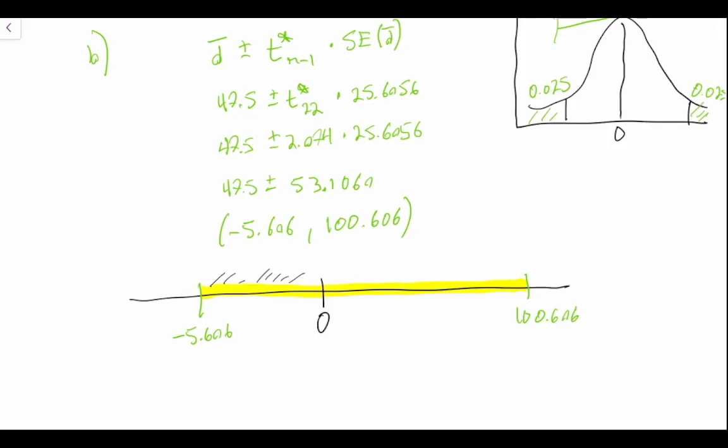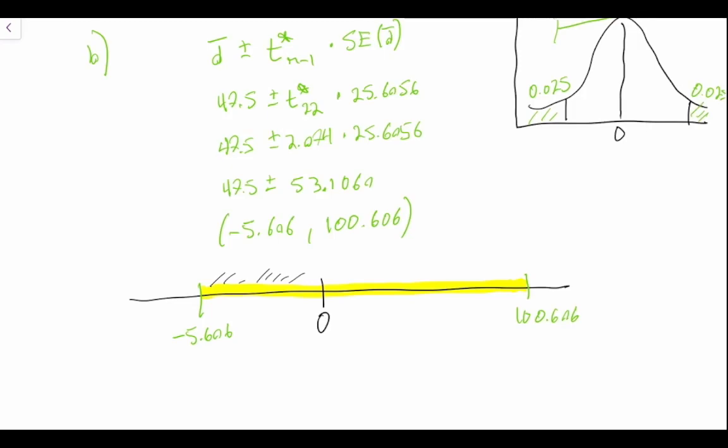So note that the confidence interval in B does contain 0. So it would look as though we cannot reject the null hypothesis. So when you have a confidence interval that includes 0, typically you might say you fail to reject the null hypothesis. However, we do notice that we rejected in A. And importantly, the difference is that in A, we rejected the null hypothesis at a 95% significance level.